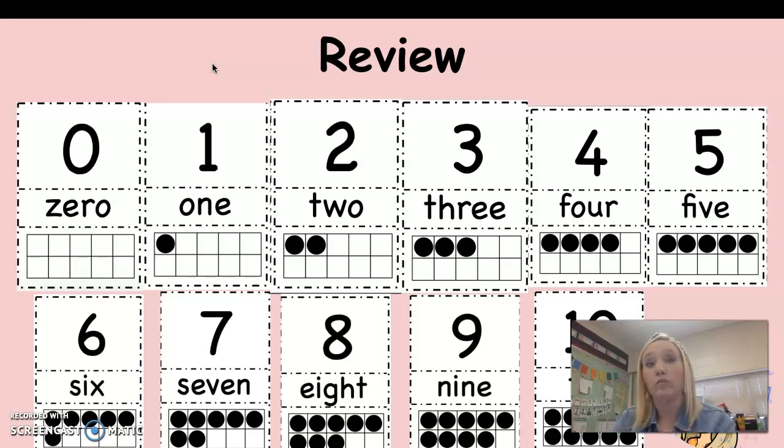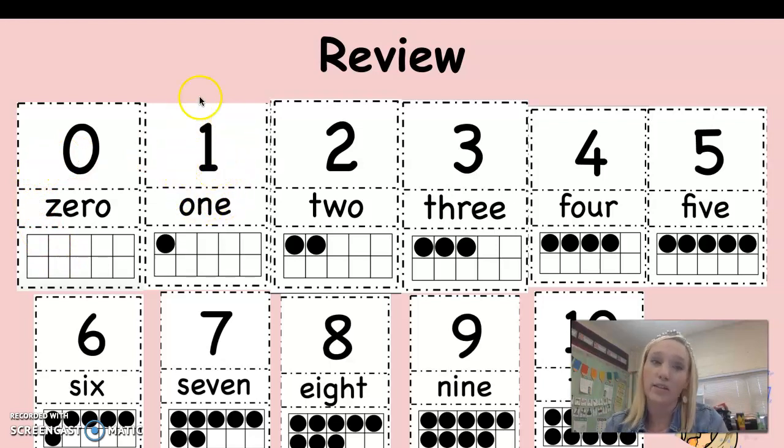Last week, we talked about numbers 0 through 5, but we're going to go all the way up to 10. So let's review. Our first number right here is the digit 0, this is the word 0, and this is the group or set. What is inside of this 10 frame here? Nothing, because 0 means there's nothing there. So that's 0. Good.